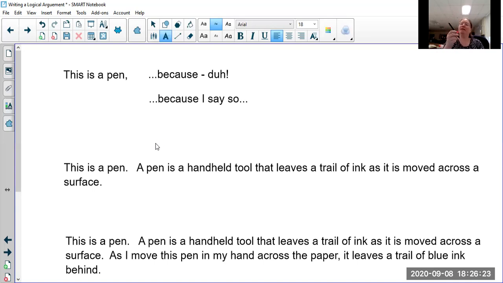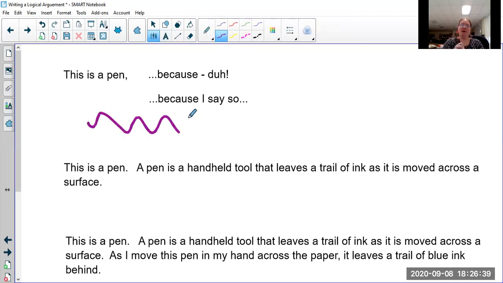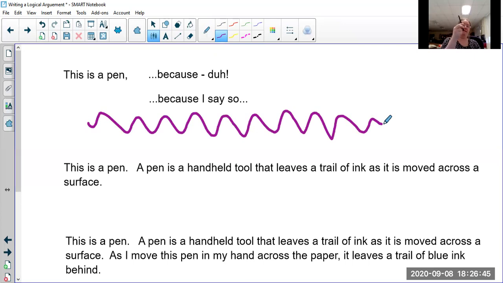A pen is a handheld tool that leaves a trail of ink as it's moved across the surface. As I hold this pen in my hand and I move it across this tablet surface with the help of a little bit of software, it leaves behind a trail of digital ink. Okay, so I can still argue this is a pen under my definition of what a pen is.